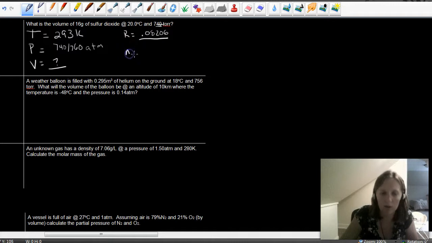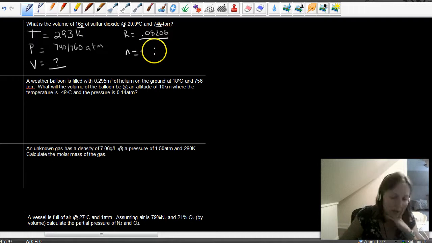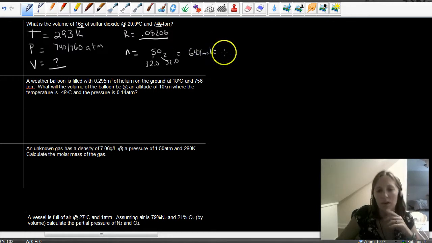And N is a little bit tricky until you realize that 16 grams is sufficient to figure out how many moles there are. So sulfur dioxide, sulfur weighs 32.0, oxygen, there's 2 of them, there's another 32.0, so that's a molar mass of 64 grams per mole, and 16 grams is going to be 0.25 moles of sulfur dioxide.